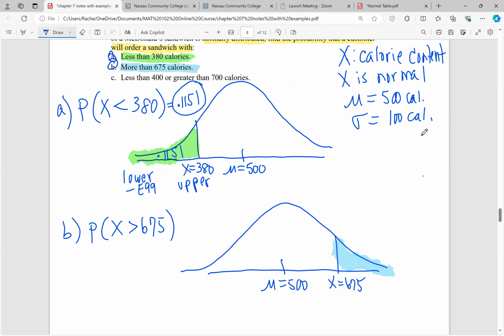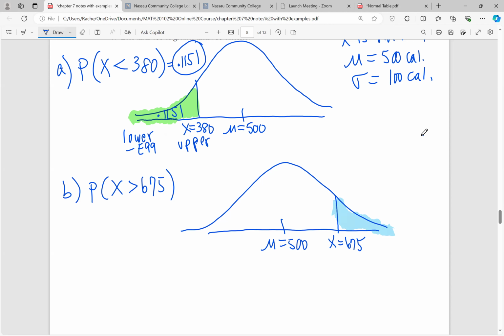So we'll use our calculator. The lower bound, where the shading begins, is going to be 675. And the upper, since we're shading towards infinity, there really is no upper, that's going to be E99. So let's pull up the calculator.